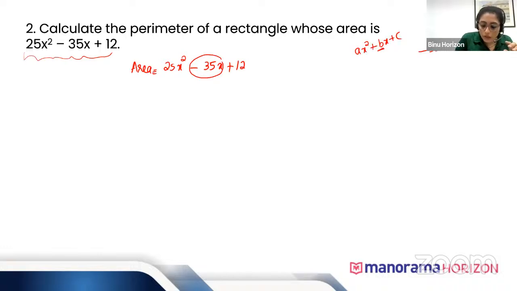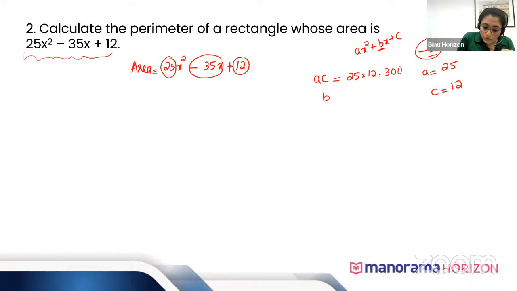So what is the b over here? Minus 35. And what are a and c? A is 25 and c is 12. So you have to factorize in such a way that the sum of terms should be minus 35 and the product of terms, ac, should be 25 into 12, which makes 300.